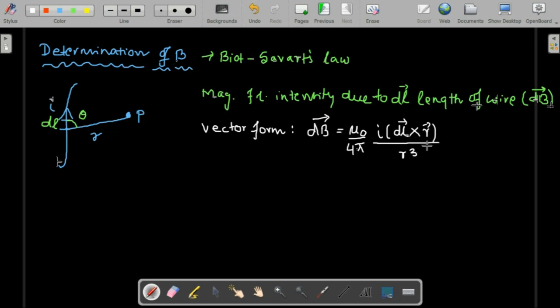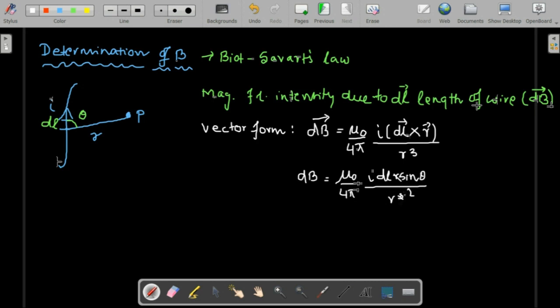We can obviously write down the scalar form as well. For that, I can drop the direction and just write the magnitude. So I can write it as mu naught divided by 4 pi, I, and dl cross r can be written as dl r sine of theta, divided by r cubed.